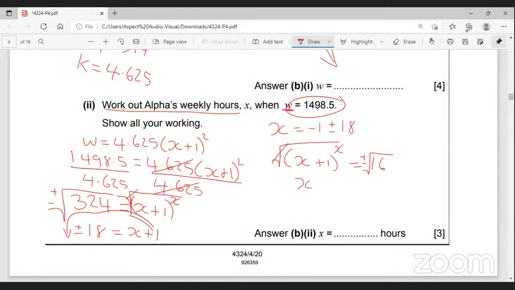It will be x plus 1 equals plus minus 4. You will still take the 1 there, and the plus minus will remain. So it's going to be x equals negative 1 plus minus 4. The plus minus is staying because it has two solutions. It is a quadratic equation.